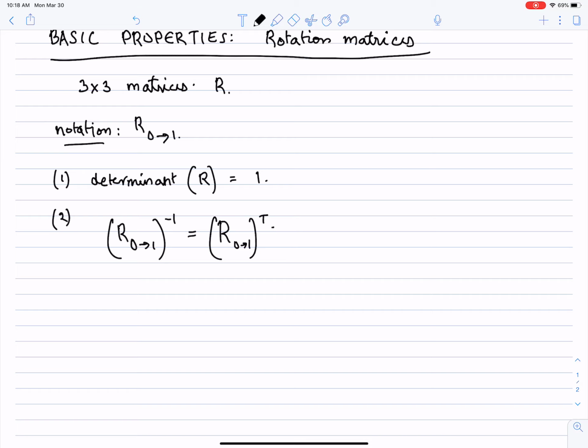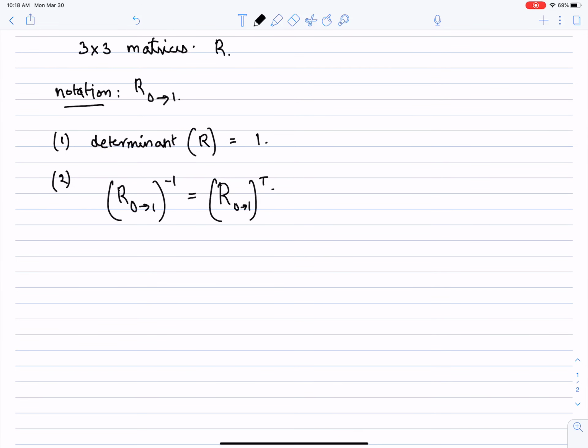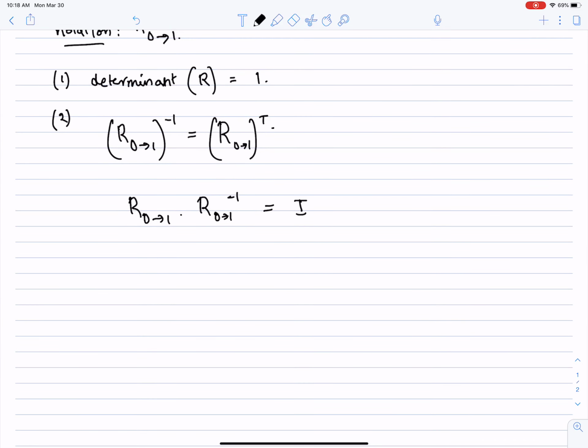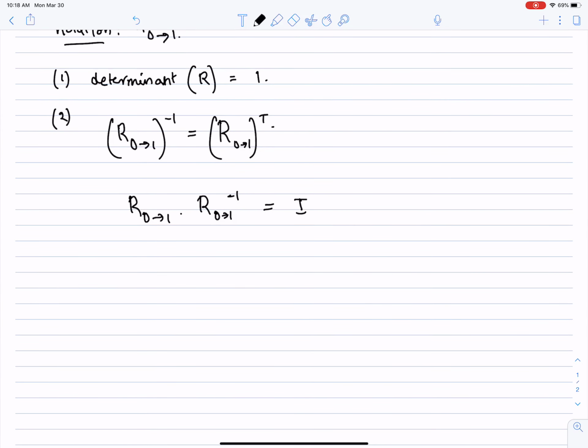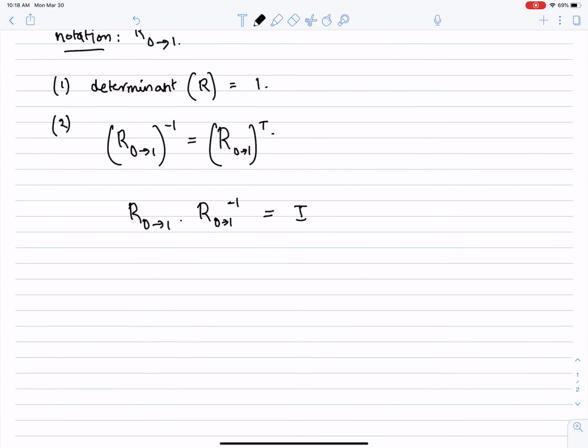transpose. Another way of saying that is that if you have a rotation matrix R 0 to 1, and then you multiply that with R 0 to 1 inverse, that of course equals identity by definition of inverse. And the inverse exists because the determinant is not equal to 0.